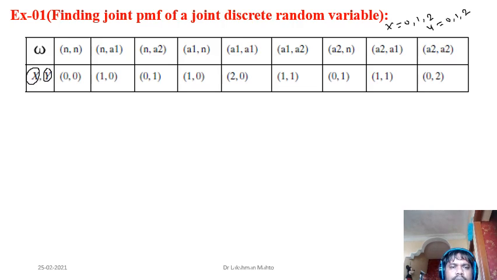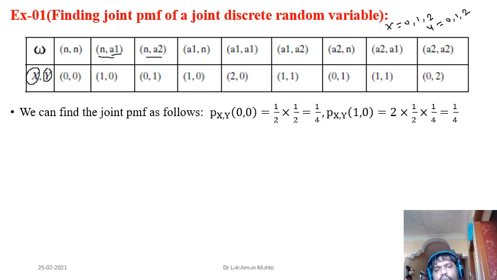Another scenario is no arrival of a packet, or one arrival, one output via port 1. Likewise we can introduce all these events. This one is talking about x taking value 1 and y taking value 0, and likewise 0 1, 1 0, 2 0, 1 1, 0 2, all these are coming.